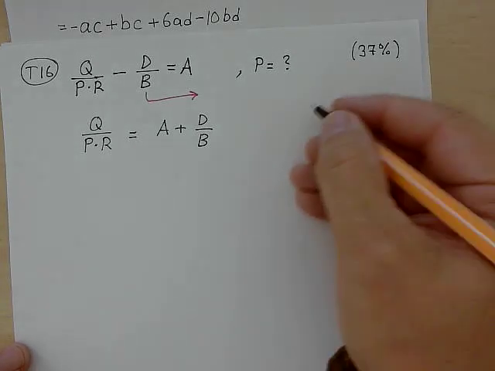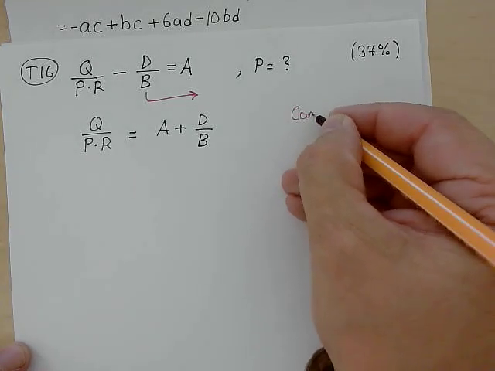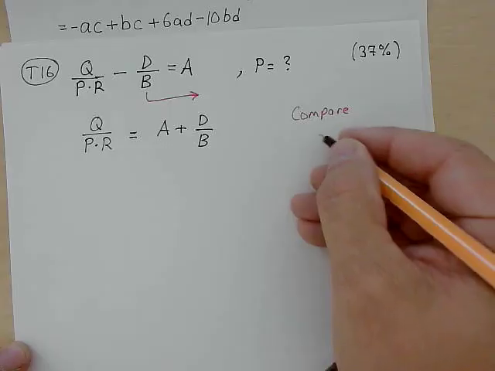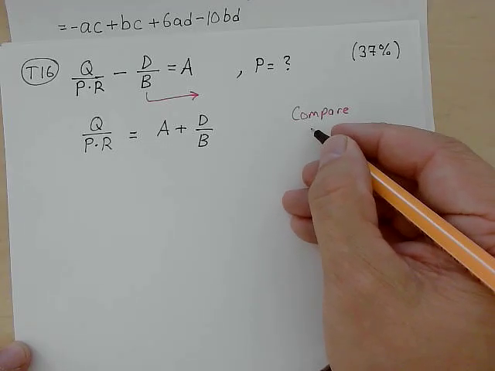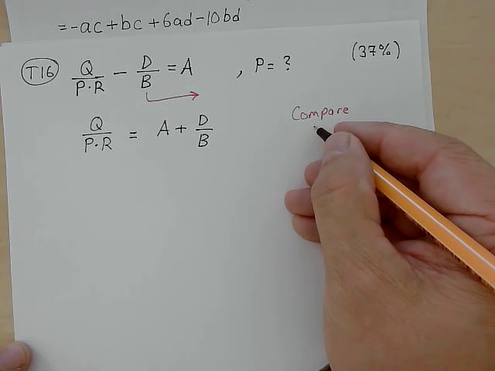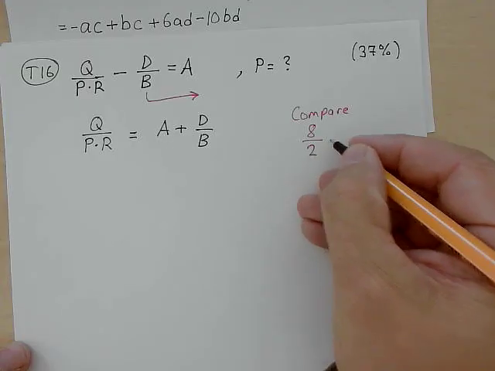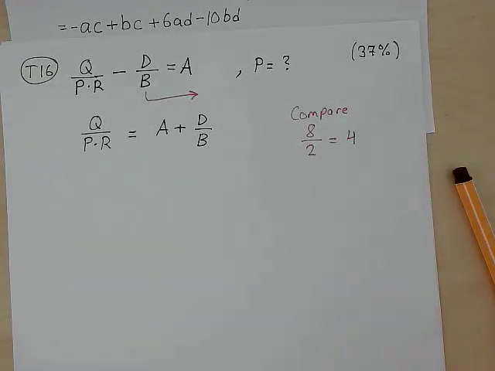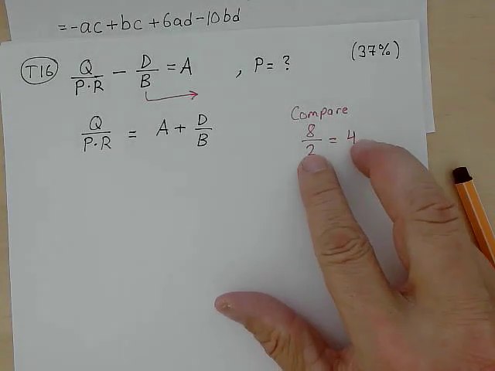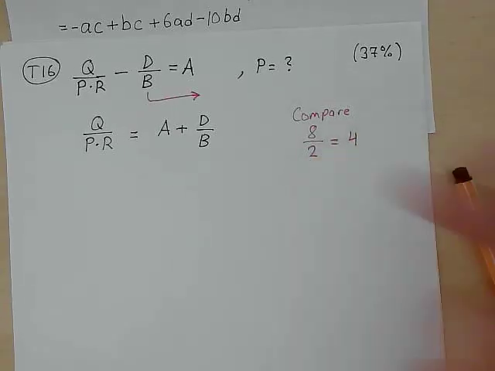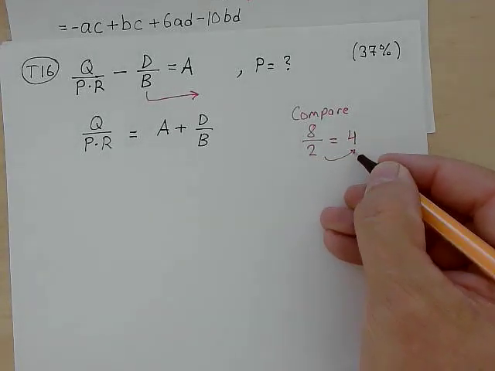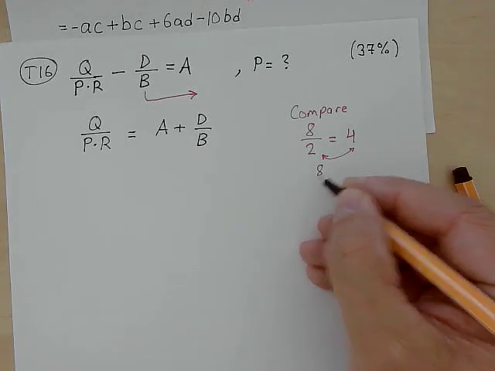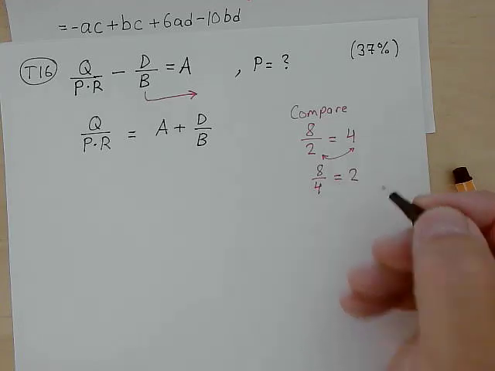For example, if we compare this kind of situation when we have, for example, 8 divided by 2 equals 4, here it is possible to change the places of these numbers: 8 divided by 4 equals 2.